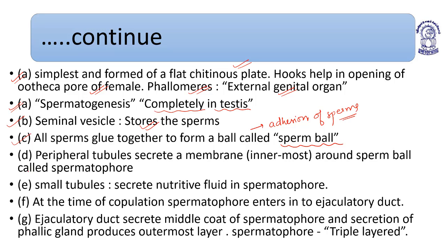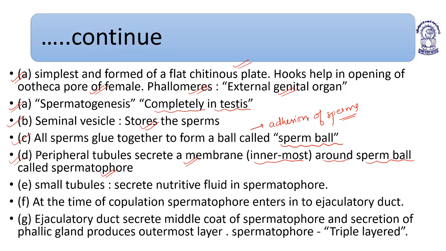Peripheral tubules secrete a membrane, the innermost one, around the sperm ball.